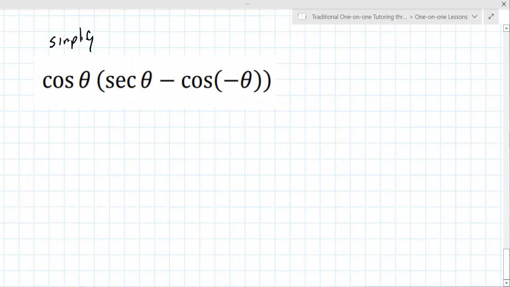It's like that first problem we did, plus I'm throwing in a negative in here. The first thing is to deal with the fact that there's a negative inside the cosine. How does this negative inside parentheses affect cosine?